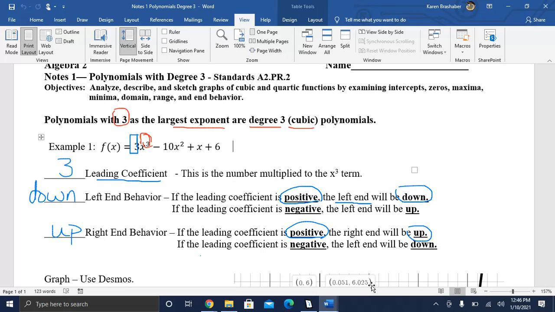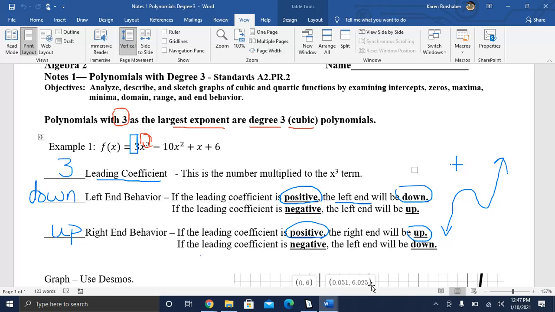Now, what that means is on the left end, the graph is going down, and then it will do some curving. And on the right end, the graph will be pointed up. And that will happen anytime that your leading coefficient is a positive number. So this is a positive leading coefficient.